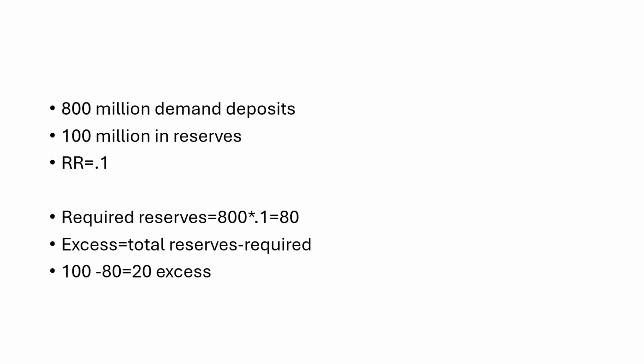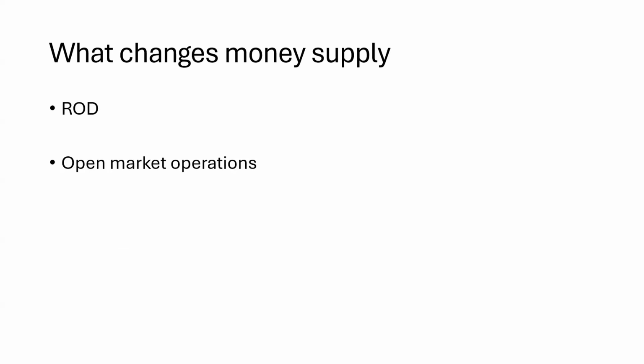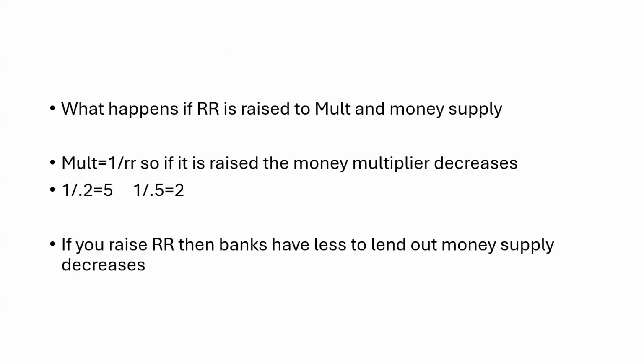28 and 9. It's a tough one. If the central bank raises the required ratio in a banking system with limited reserves, the money multiplier. So I raised the reserve requirement with these numbers to see what would happen.